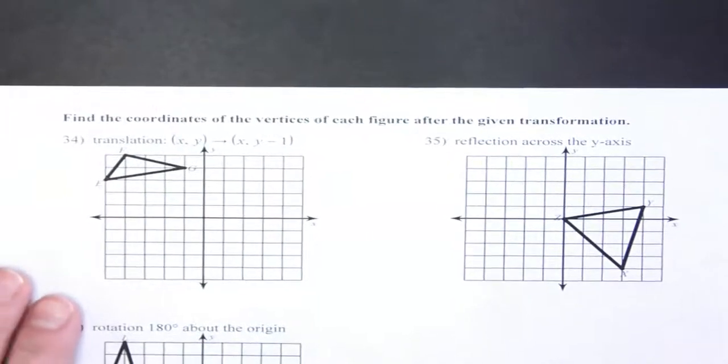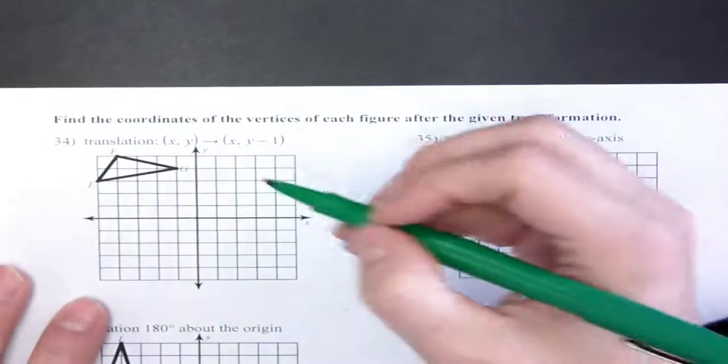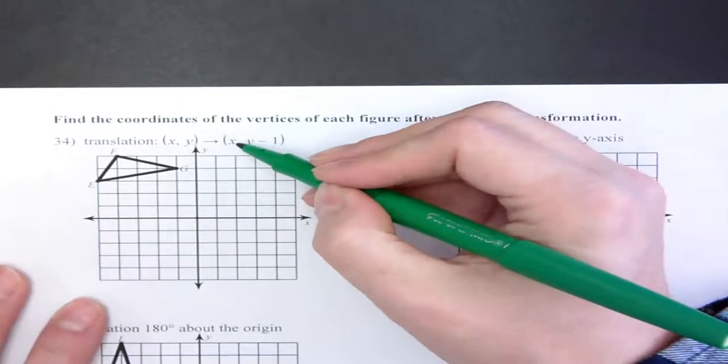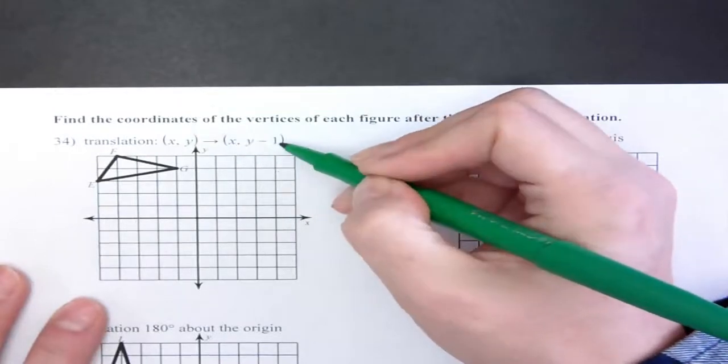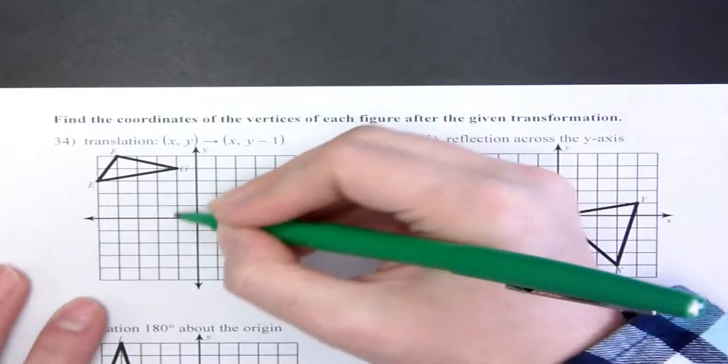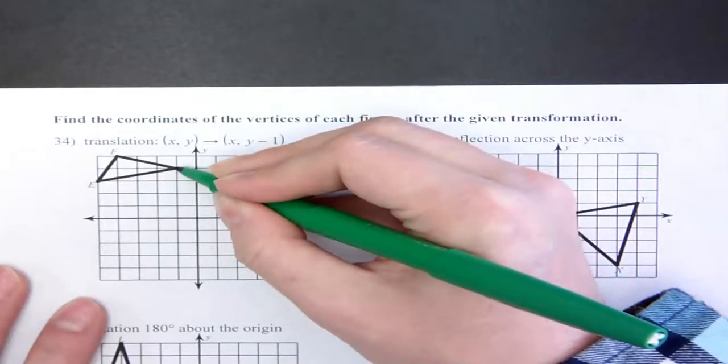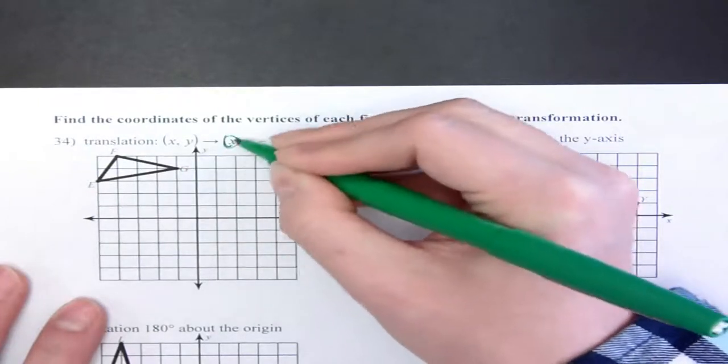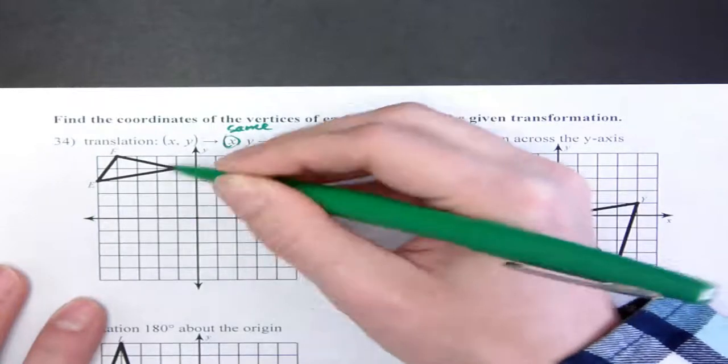Okay, our very last section is just translating and writing the coordinates. So this is saying x stays the same, y goes -1. So if I take G, x doesn't move because x stays the same, and y comes down 1.